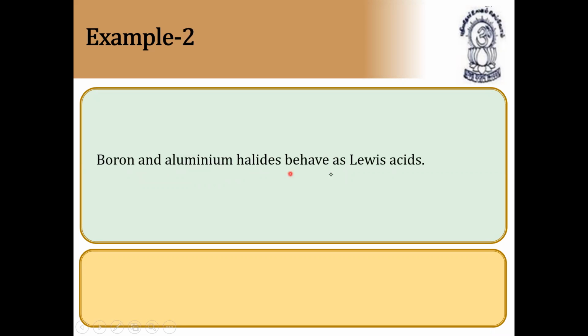Boron and aluminum halides behave as Lewis acids because they are electron deficient species. Take BF3, boron trifluoride.